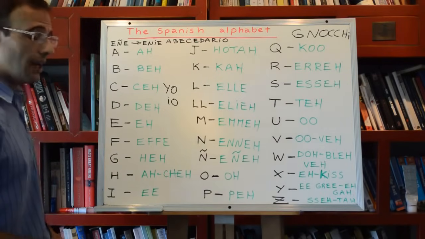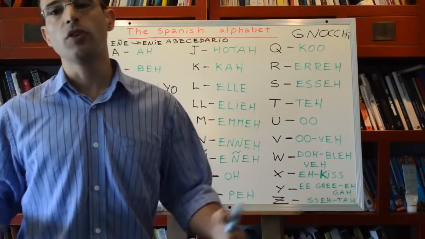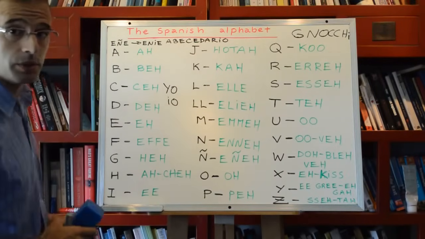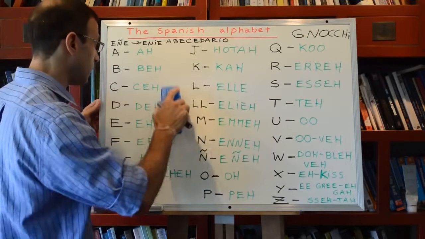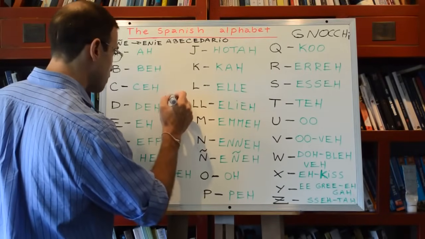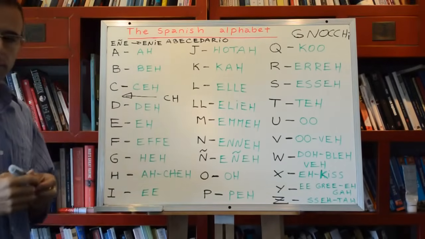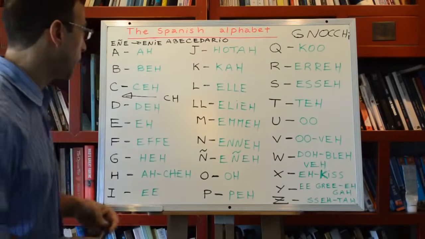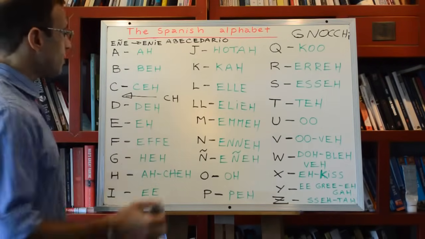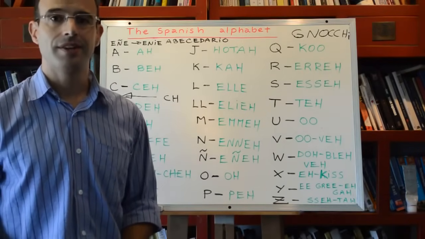Now, some decades ago, there was another letter included in our alphabet, which was the letter CH. Now it has been removed officially from the alphabet, that's why I'm not mentioning it here. But CH, as a letter, was pronounced che.